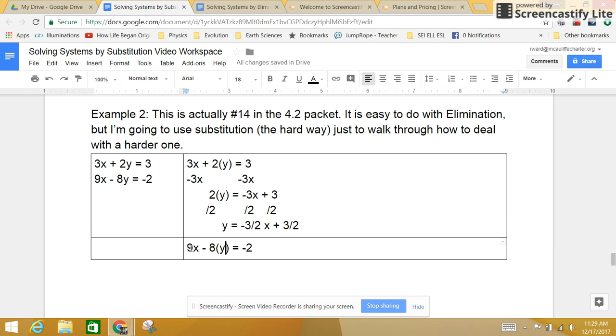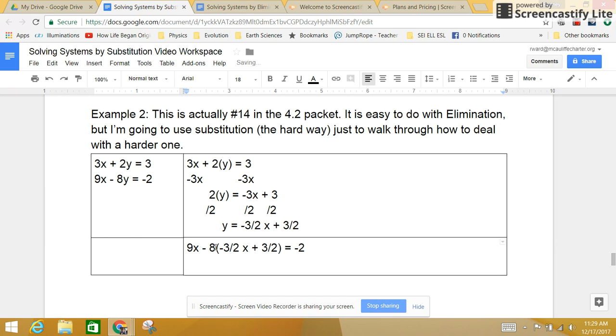Okay, and it looks like this is going to work out rather nicely, because my next step is to clear out these parentheses by distributing this -8 times everything. I shall type in the 9x because that stays there. -8 times -3/2. The neat thing about that is I'm going to get rid of a denominator.